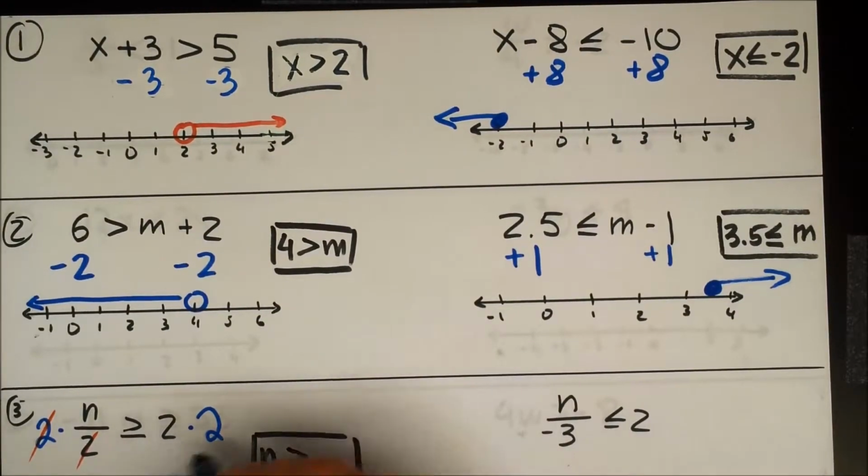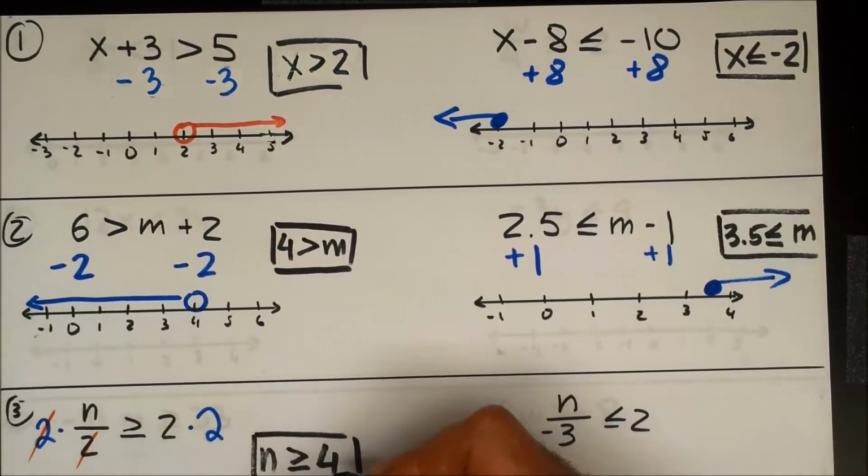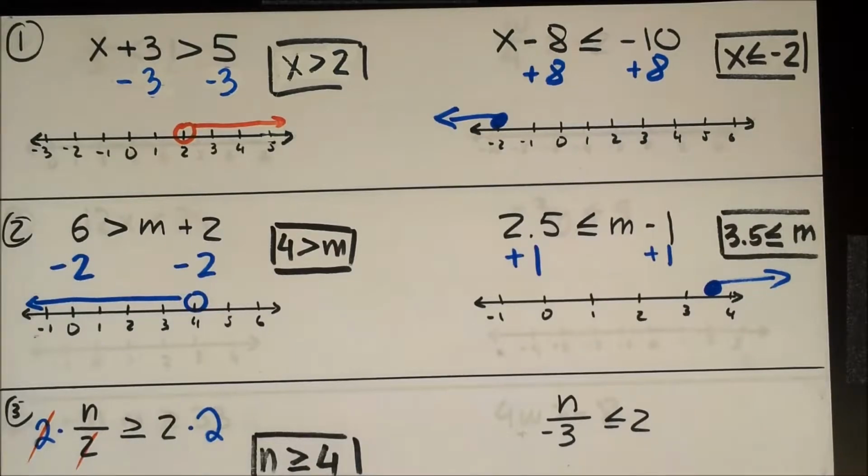And that's a 2, not a z. Nothing flips. The inequality symbol will not flip because, again, we're multiplying by a positive. So we're safe there.